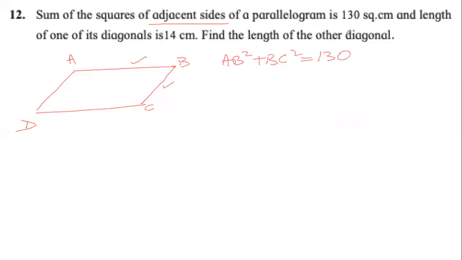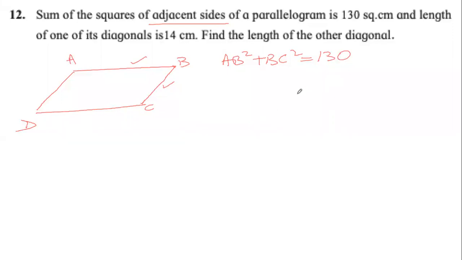If you ask me, sir, why not AD and CD? Yes, it can be AD and CD. Why not BC and CD? Yes, it can be BC and CD. Why not AB and AD? It can be AB and AD also, because opposite sides of a parallelogram are congruent. We can take any pair of the adjacent sides and the sum of the squares is given as 130.